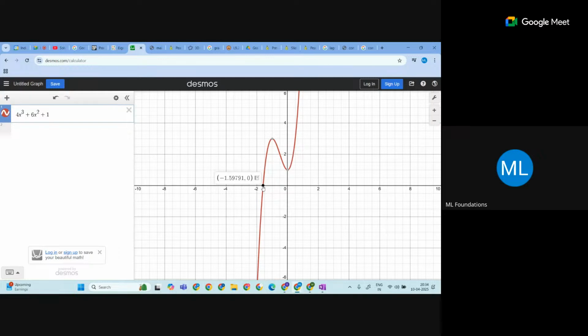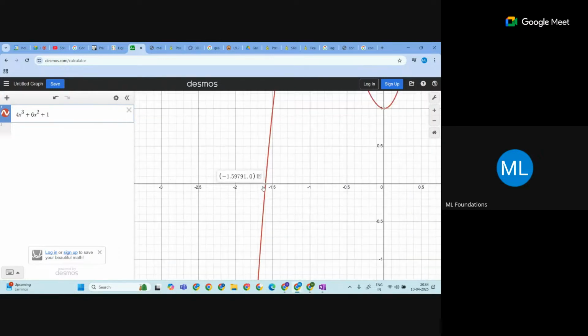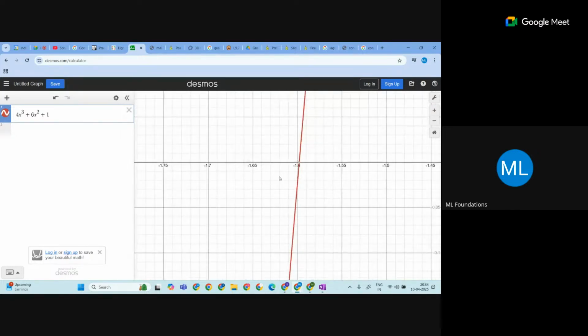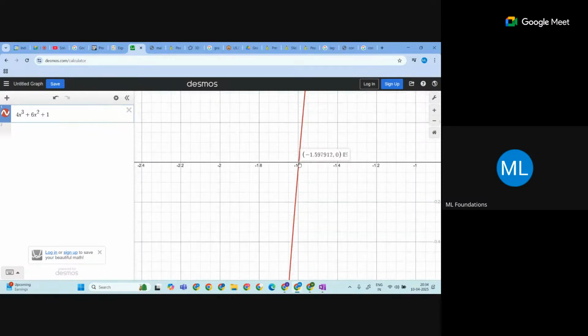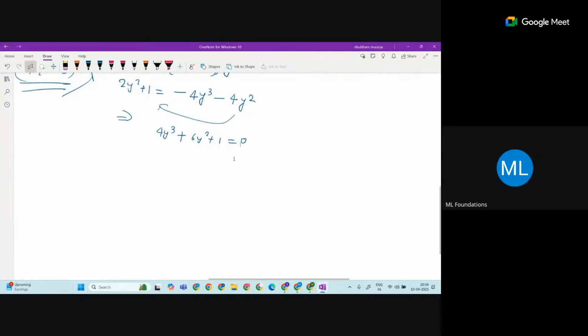Something like 1.5 if you assume it. So we'll surely get a real value, because if we try to solve by hand, we will not reach the answer. That's why he uses the tool. So by this way, we'll get a real value, which is y is equal to minus 1.5.